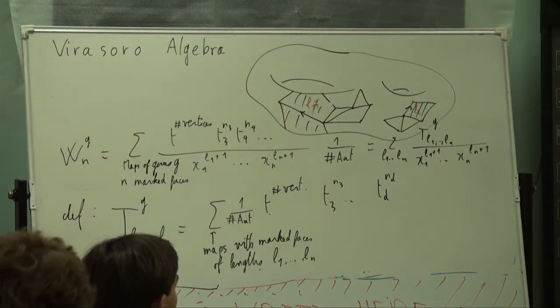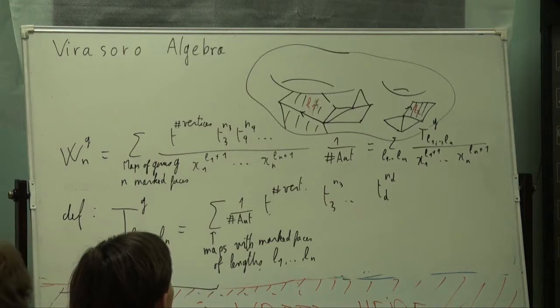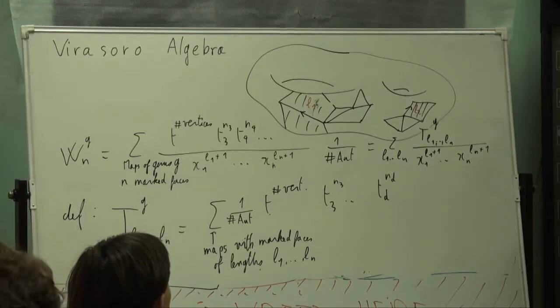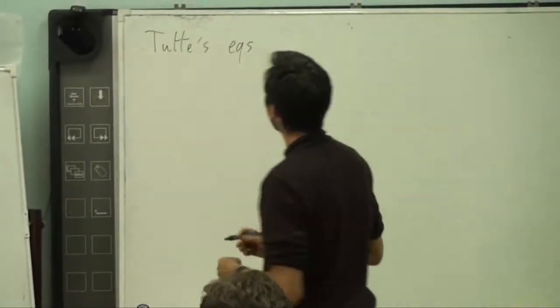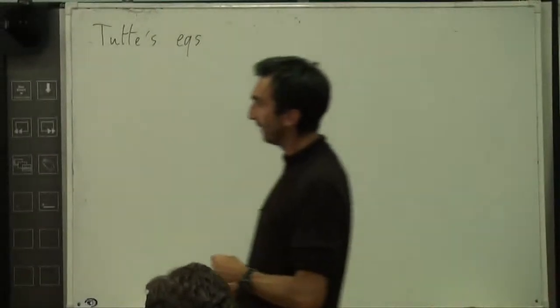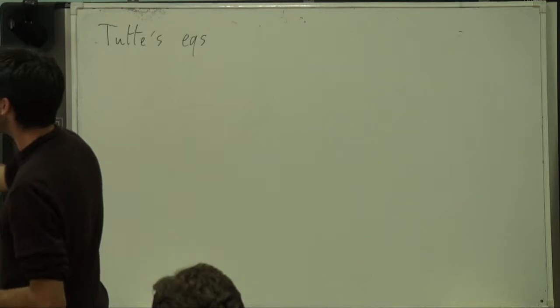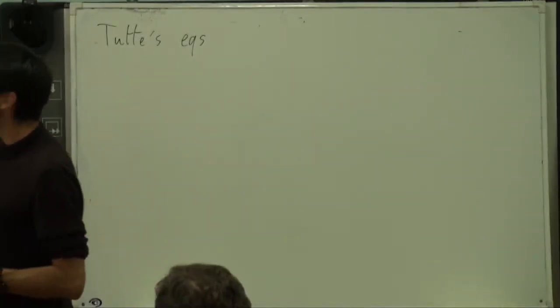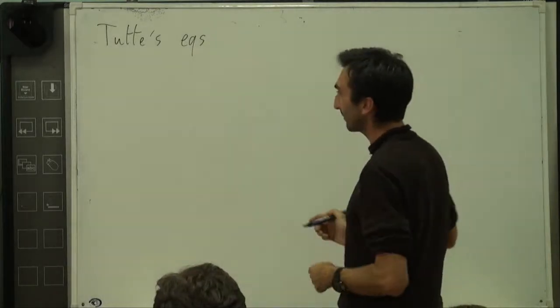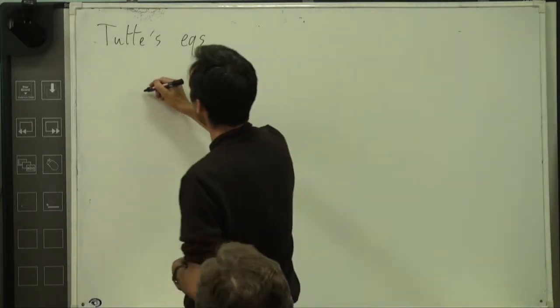Let me remind you Tutte's equations, which I wrote a little bit quickly the other day. Let me do it again, because that's what I will be using. So what happens when we want to erase the marked edge? Several situations can happen.